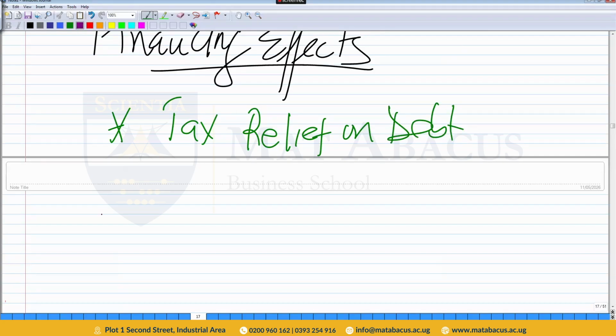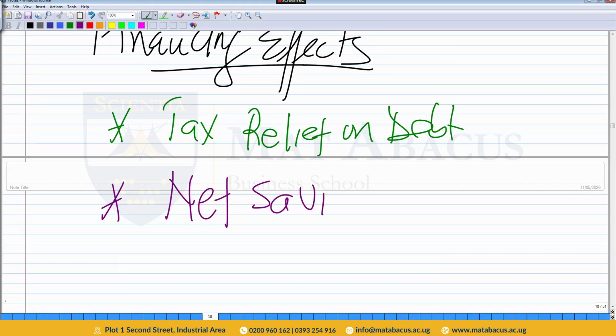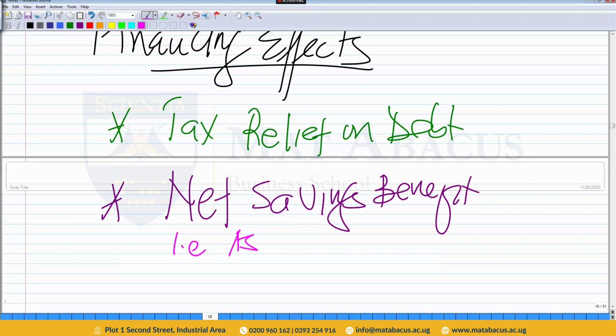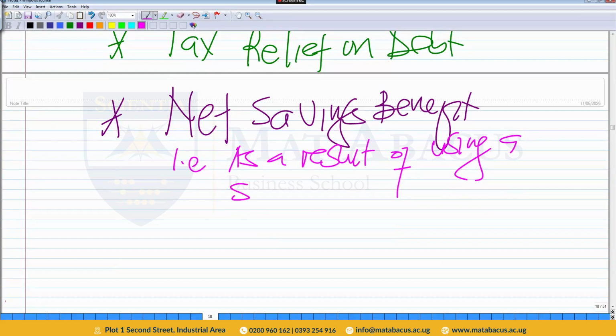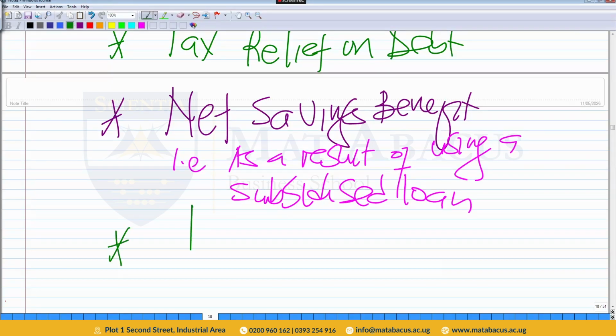Then also you need to look for the net savings benefit as a result of using a cheap loan, a subsidized loan. And then finally, you also look at, the order doesn't matter, issue costs. Now, this question had all those three ingredients.